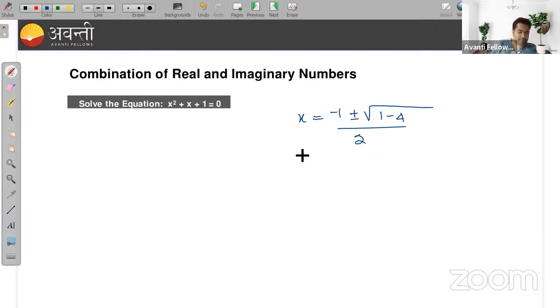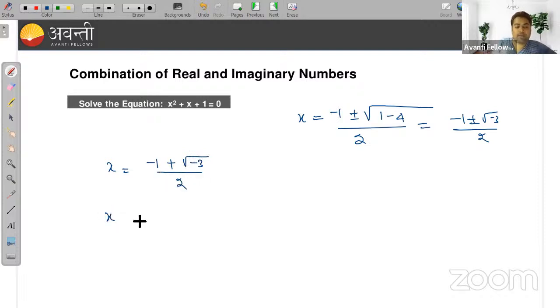This can be simplified and written as minus 1 plus or minus root of minus 3 upon 2. So one root is x equal to minus 1 plus root of minus 3 upon 2. Another one is x equal to minus 1 minus root of minus 3 upon 2.